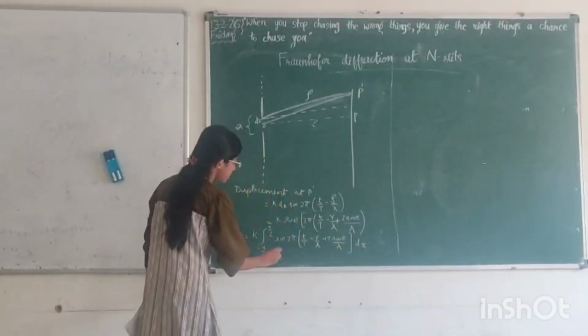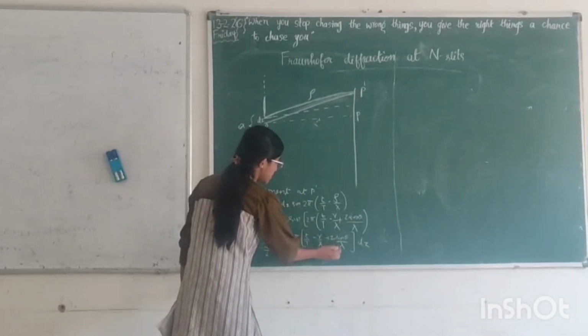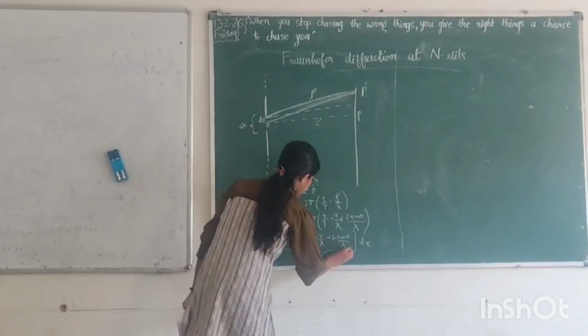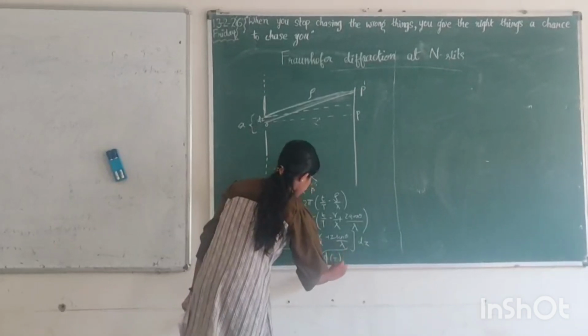Now we take sin 2 pi into t by T minus r by lambda plus z sin theta by lambda as phi of z.